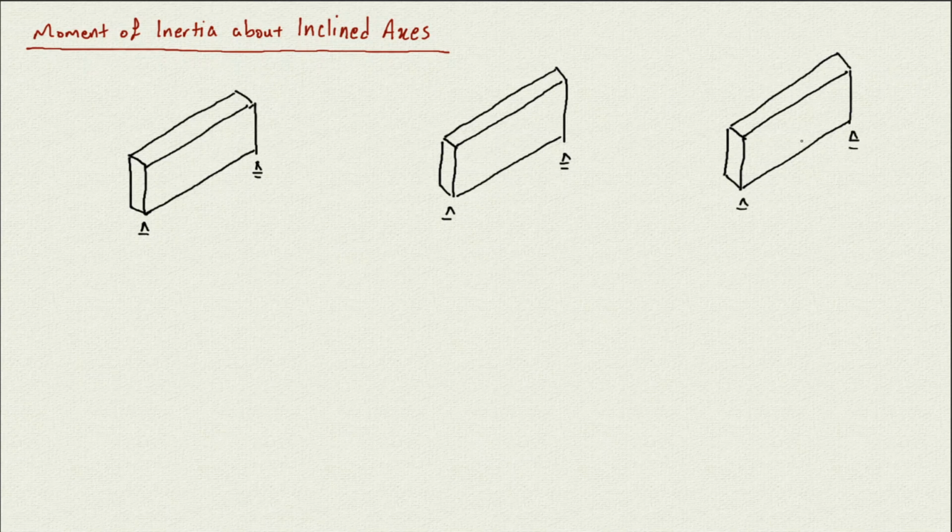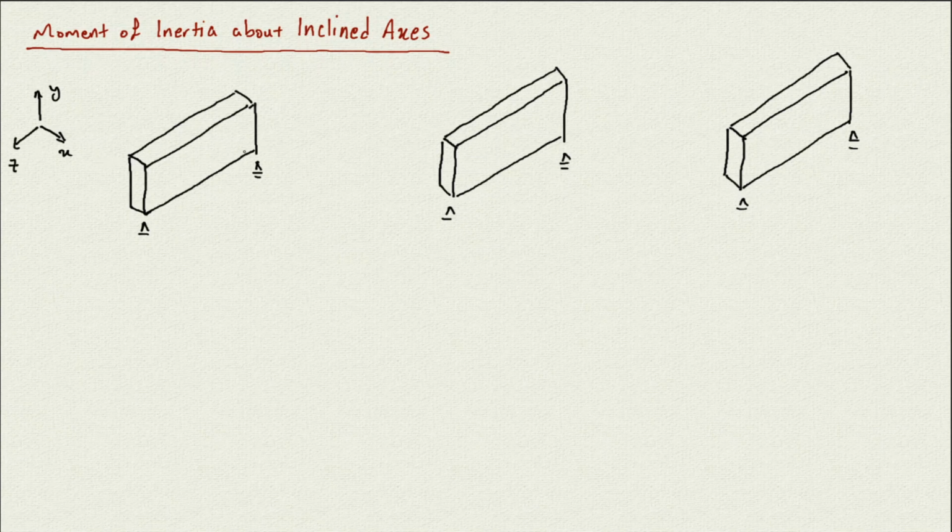For the first one, assume this is going to be the x-axis along this edge. The vertical is going to be the y-axis, along this edge, and z is going to be normal to that cross section.